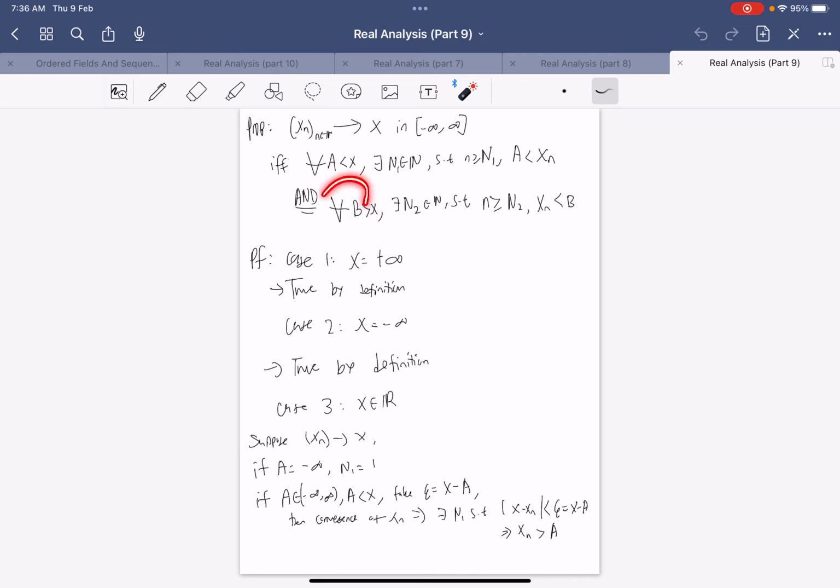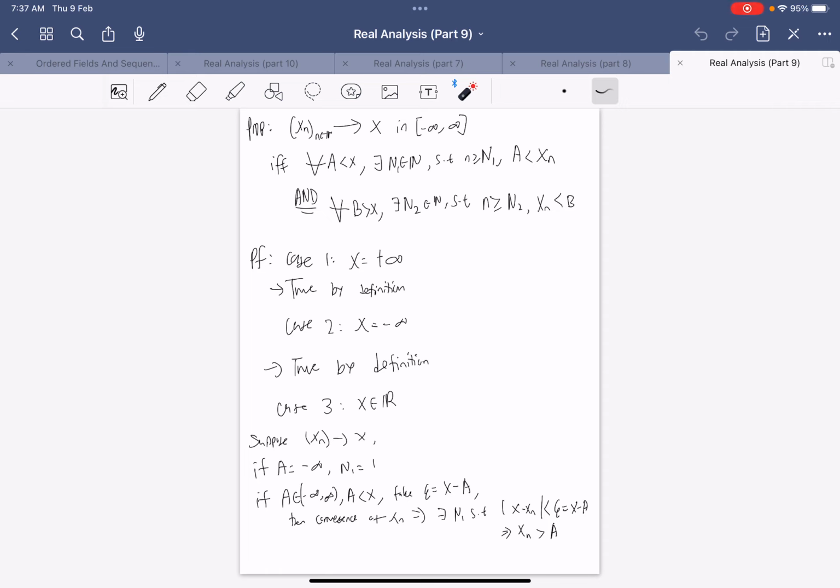And for anything b greater than the limit, there will exist a cutoff such that all the xn's are less than this b. So you can just think of a as over here, x over here, and b over here. All your points now must be trapped within this interval.